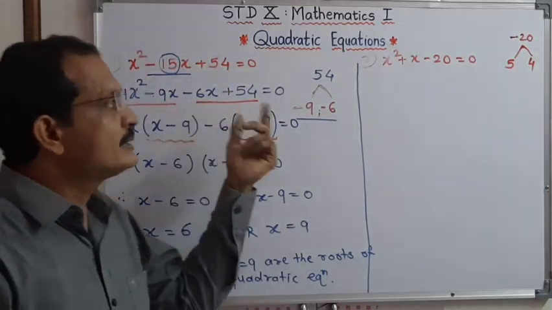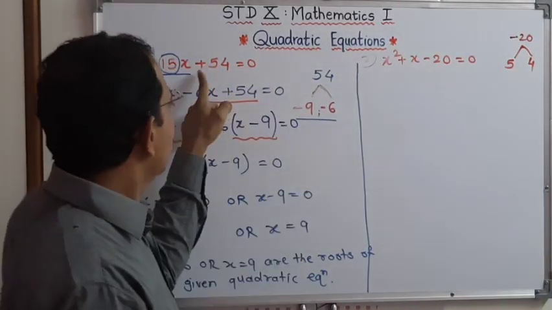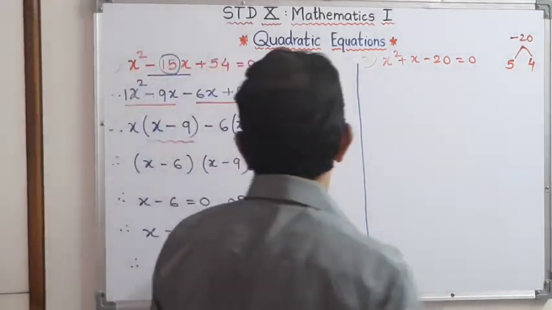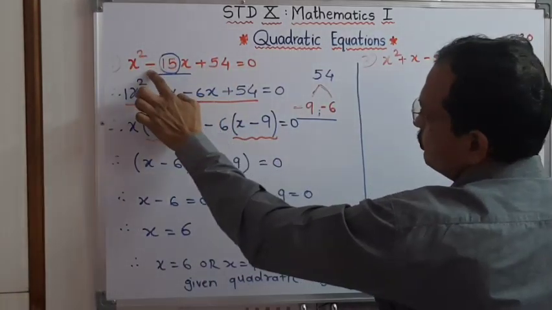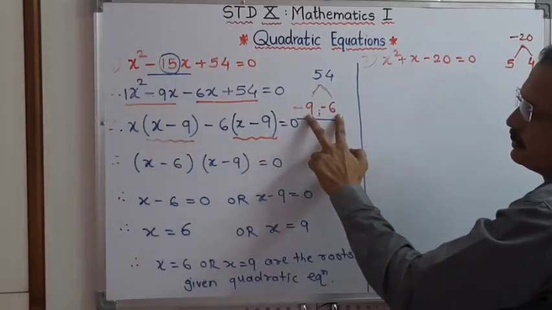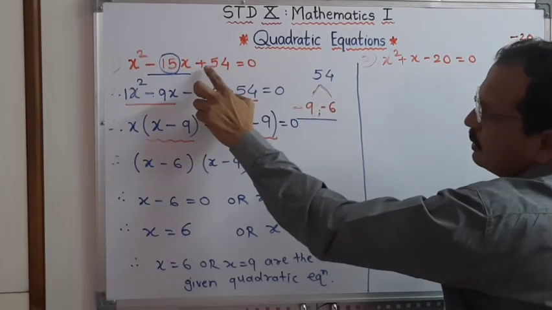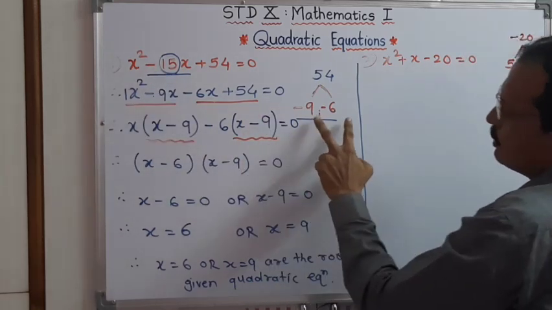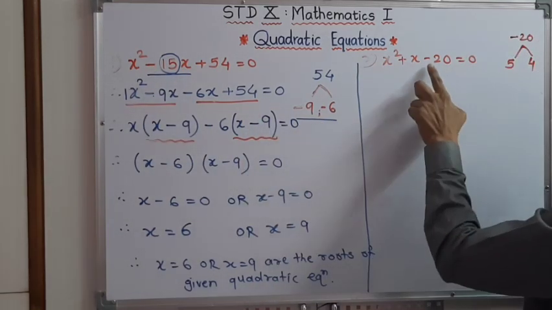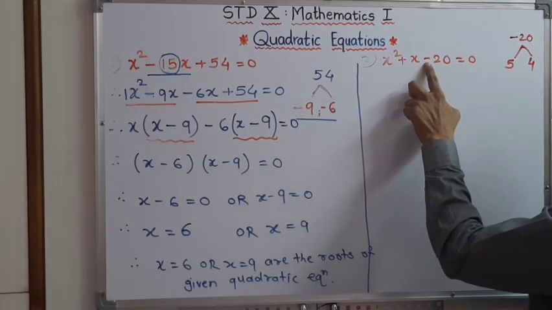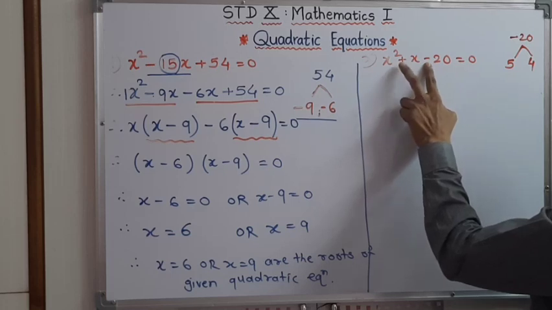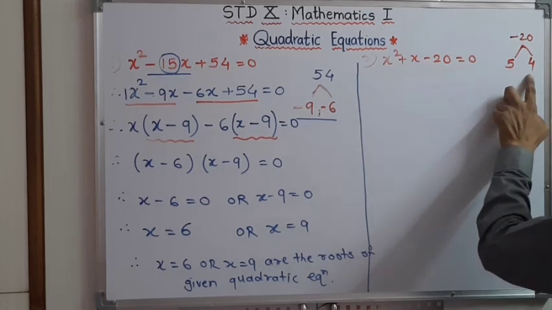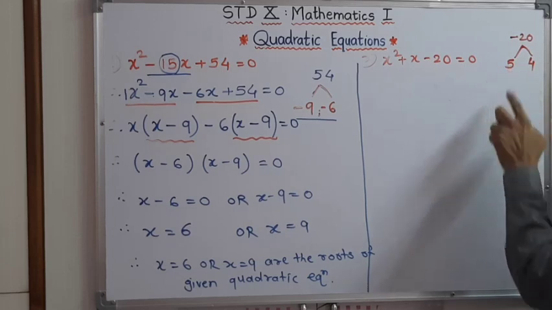Now see the second thing. Where the constant term is plus, the sign of the middle term goes to both the factors. Where the constant term is negative, the sign of the middle term goes to the bigger number. Which is the bigger number from these? It is 5.